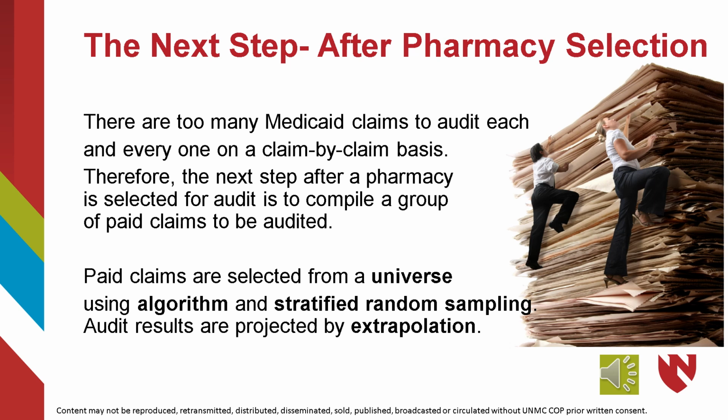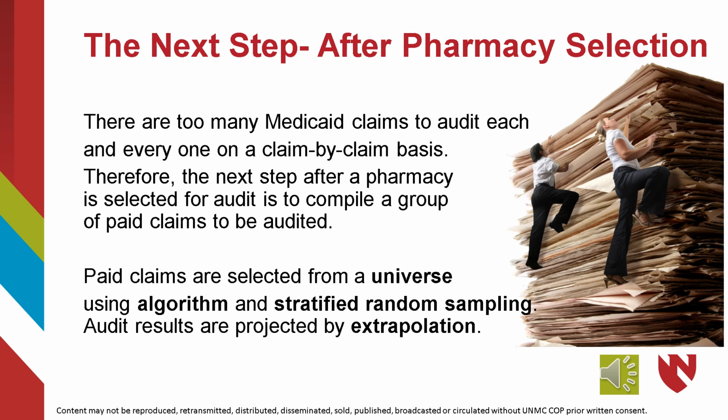Audit results are projected by extrapolation. So extrapolation is something that comes actually at the end of the audit. It's a method of using a mathematical formula to take audit results from a small number of paid Medicaid claims and project them back over onto the large universe of claims.